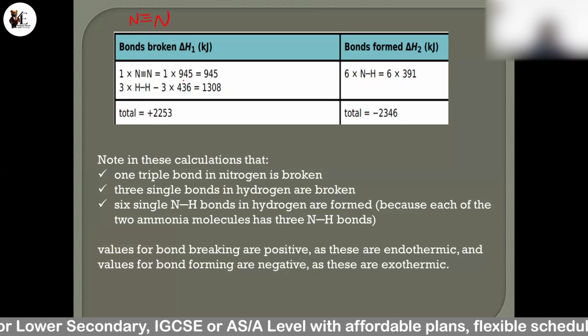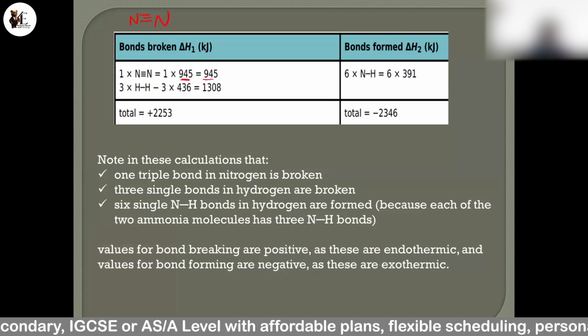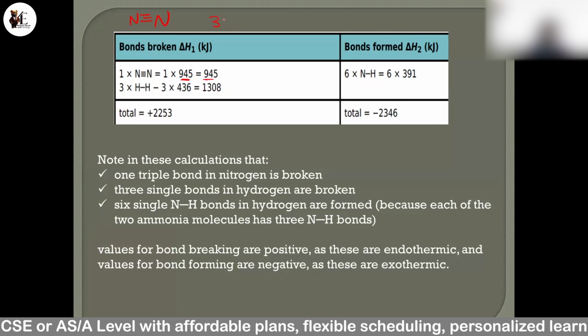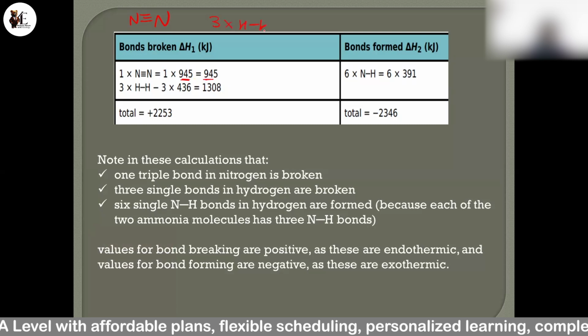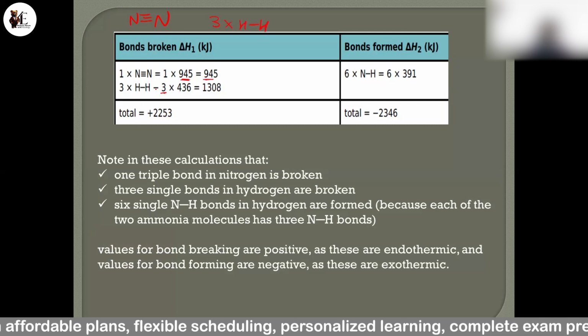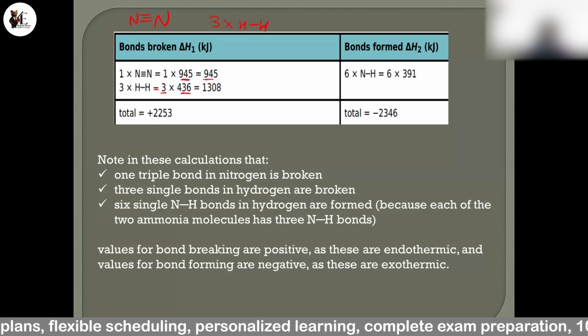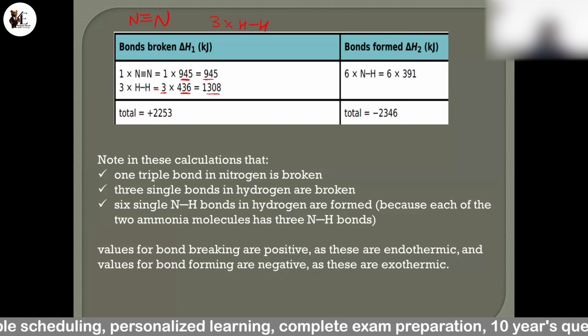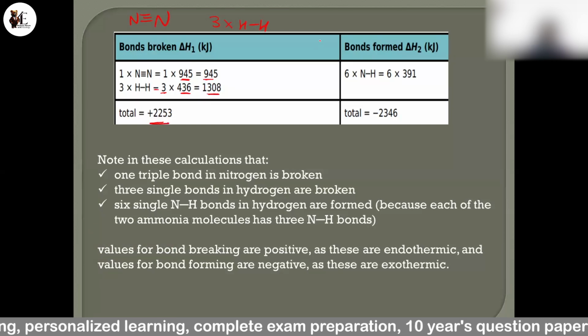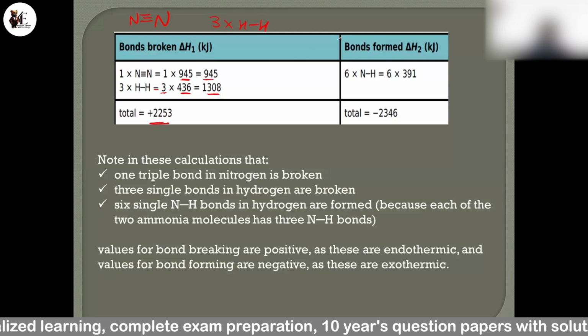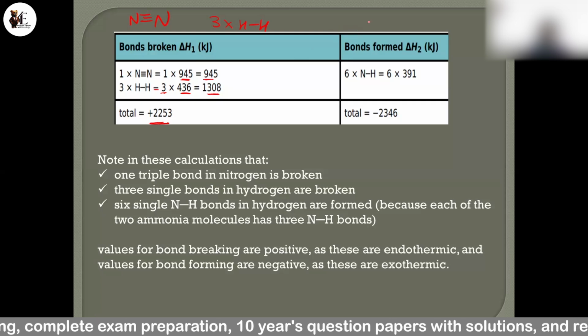That means 1 multiplied by its energy, it becomes 945. Then you have to break 3 H2, so you multiply 3 with the bond energy of H2. It becomes this. You add them, you get this. This is bonds broken. You have to make this table always when you are solving these types of questions.